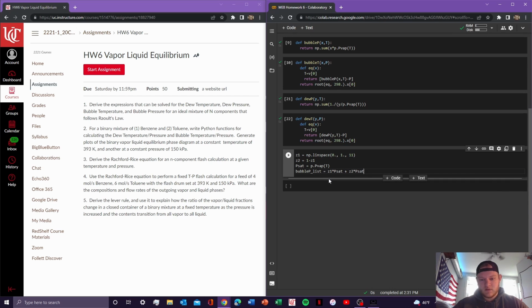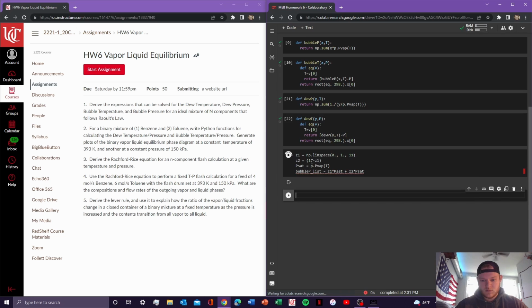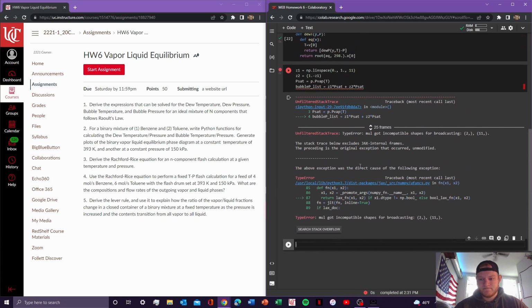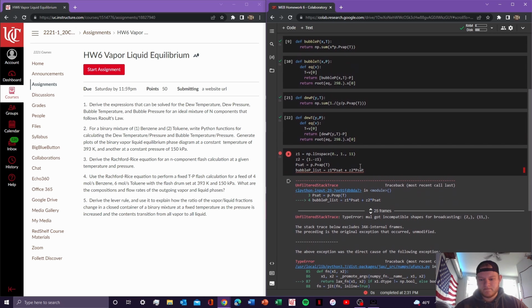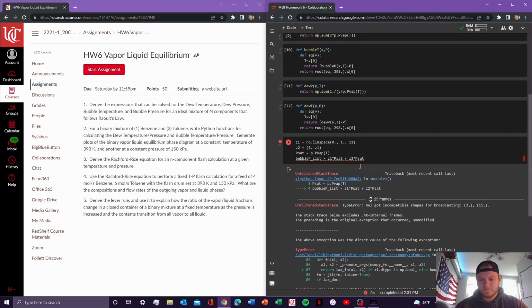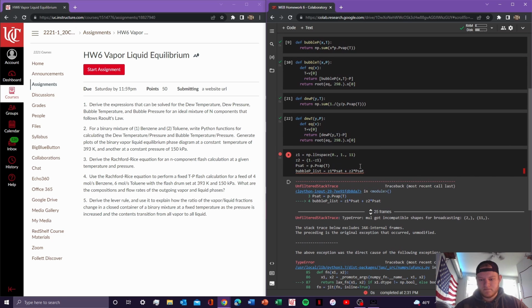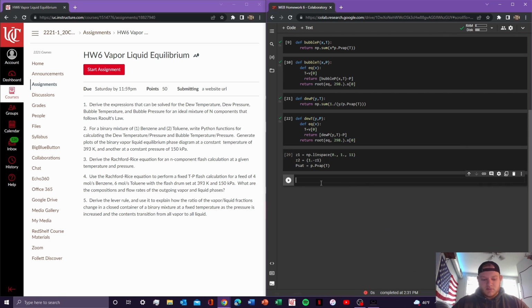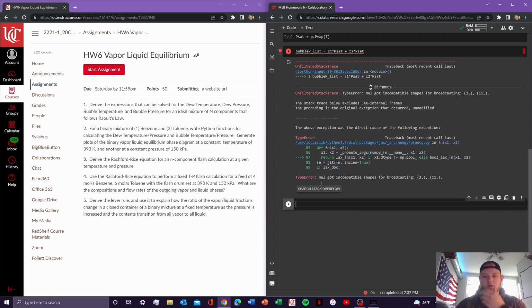Bubble P list equal to Z1 times P sat. We defined P sat already. What's the problem? We defined Z2. Interesting. Can we put this on a different line maybe? Is that what the problem is? I don't know what the problem is, I'm just troubleshooting currently. No, you see it doesn't like that either.